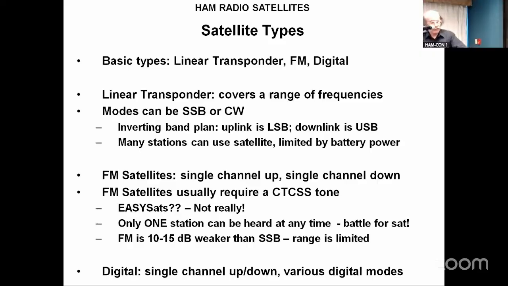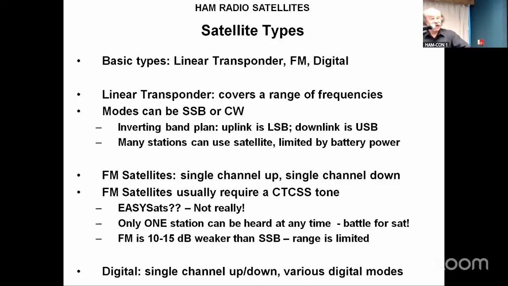So there are three basic types of satellites: linear transponder, FM, and digital. So linear transponder, it's linear. Basically, what goes up comes down. So you go up in sideband, you come down in sideband, you go up in CW, you come down in CW. You don't put FT8 on that, and I'll tell you why in a minute.